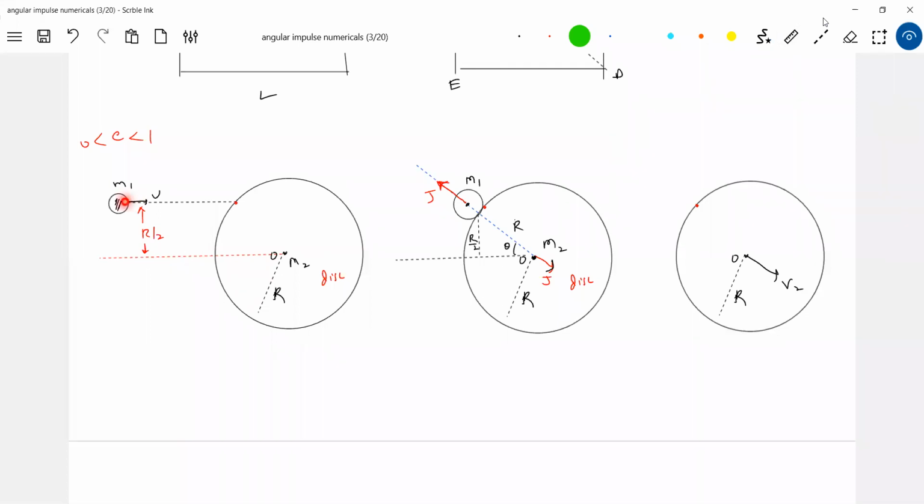This velocity will resolve one in this direction, the other in the other direction. The velocity which is along the common tangent will not change. So after collision, the particle will have two velocities: V1 parallel, V1 perpendicular. Let me call this V2 perpendicular. And this is the line of impact.